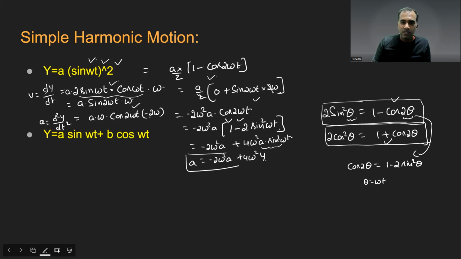Is it satisfying SHM? What is our SHM relation? a equal to minus omega square into y. That's not happening. First of all, the minus sign is missing: between displacement and acceleration there is no minus sign. That is one reason. The second thing is there is an extra constant, which is also not acceptable.